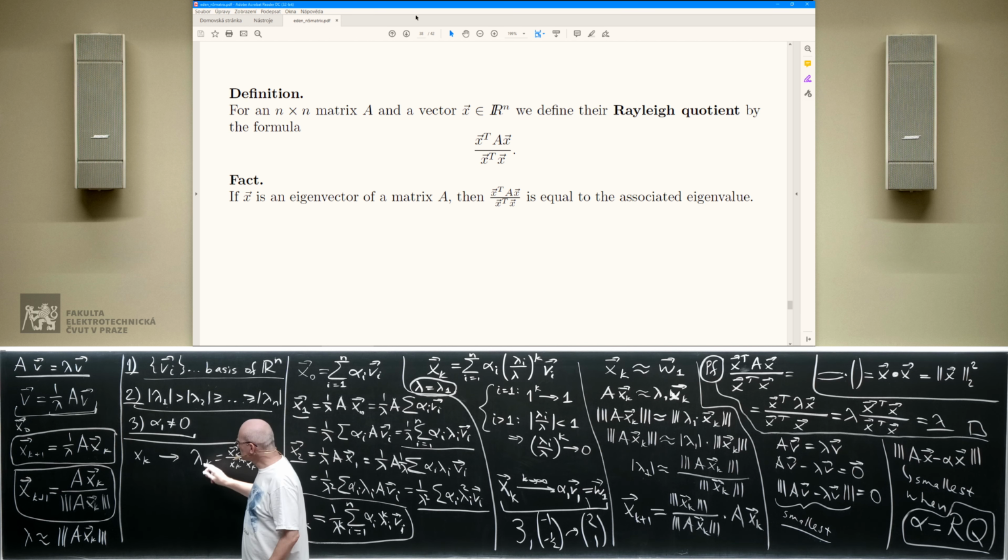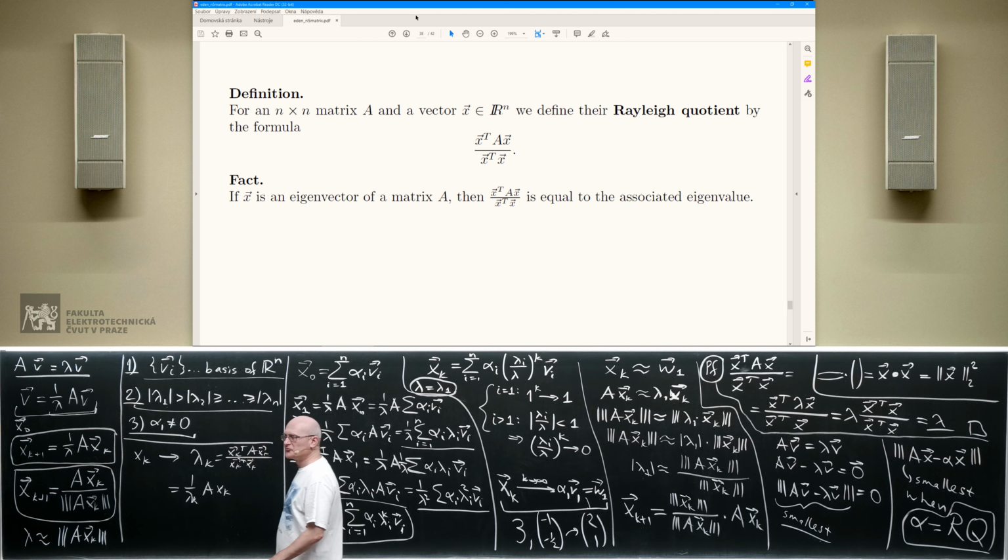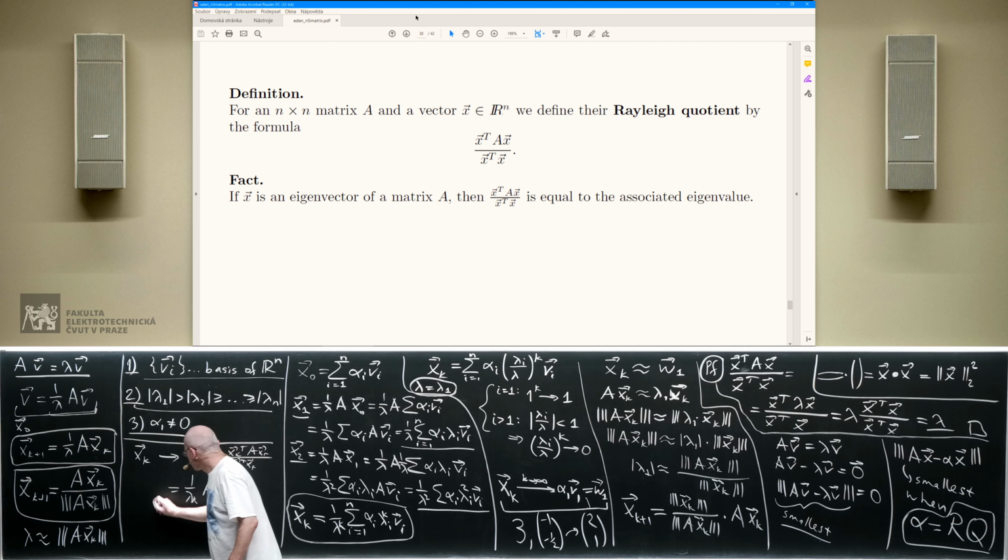And then we use it in this formula to get the next generation: 1 over lambda k times A xk. By the way, you can notice that A xk can be recycled from the Rayleigh quotient, so the Rayleigh quotient is not all that much extra work. And this will not be xk plus 1, but a temporary vector, let's call it y. And then I normalize this vector and I get xk plus 1.